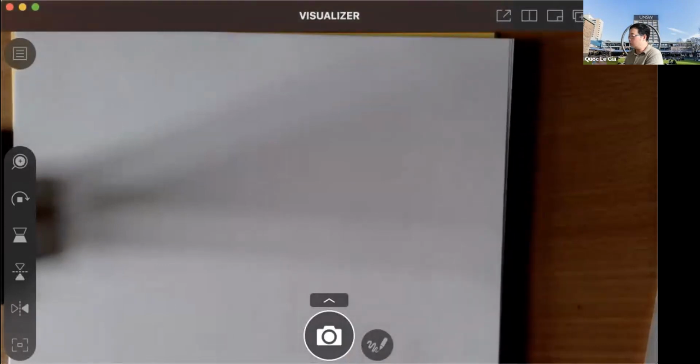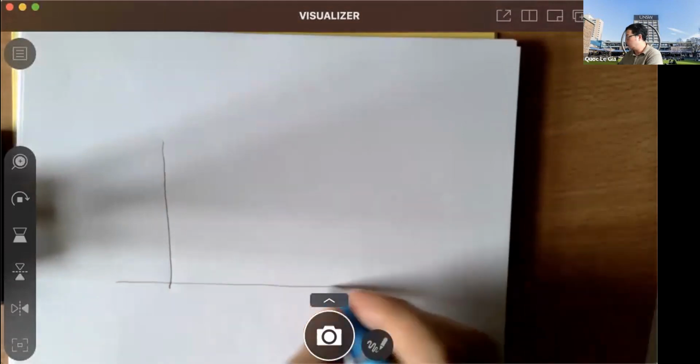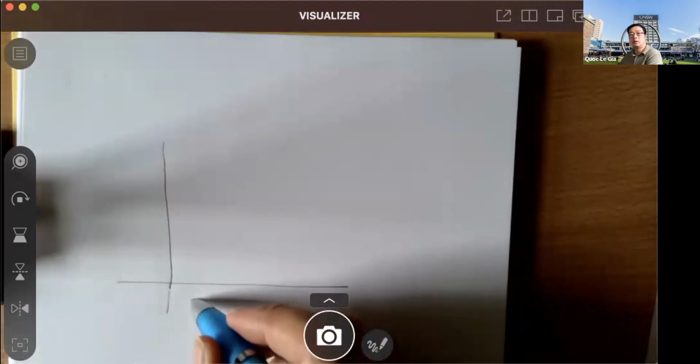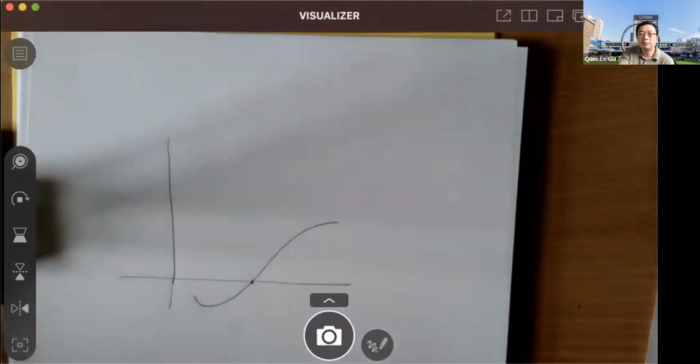Let me quickly explain by drawing pictures. The bisection method works like this. Suppose you have a function f, and the function f maybe looks like this. Okay, so the zero is right here.